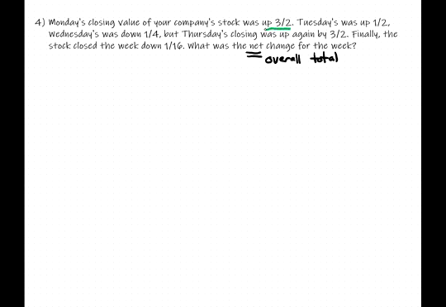Up 3/2 on Monday. Tuesday was up, so that's more addition, up 1/2. Wednesday was down 1/4, so that's subtraction. Thursday was up again by 3/2. Finally, closed the week on Friday down 1/16. So we have 3 additions and 2 subtractions.